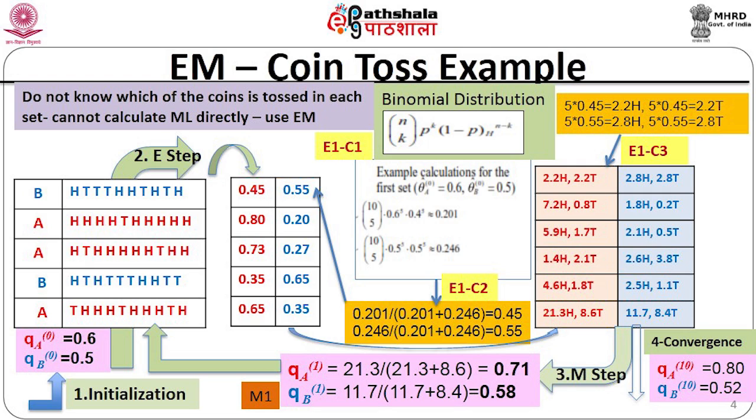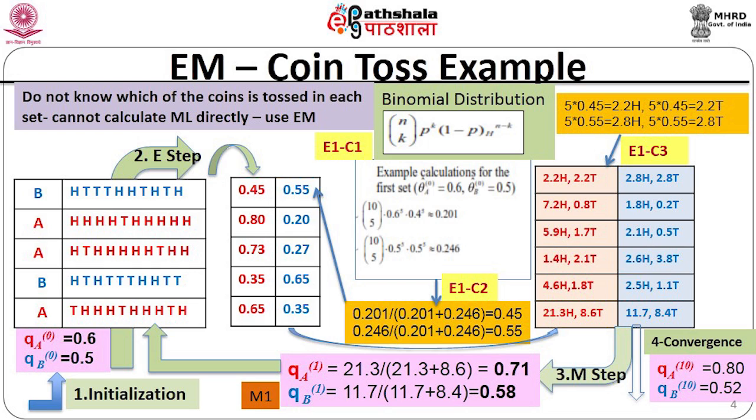I know that the total is 21.3 H, we are only doing heads. So, 21.3 divided by the total gives 0.71, and QB is 0.58. If I had chosen the red, my probability of heads is 0.71, and the probability of heads given the blue coin is 0.58. So, this is the first maximization step.